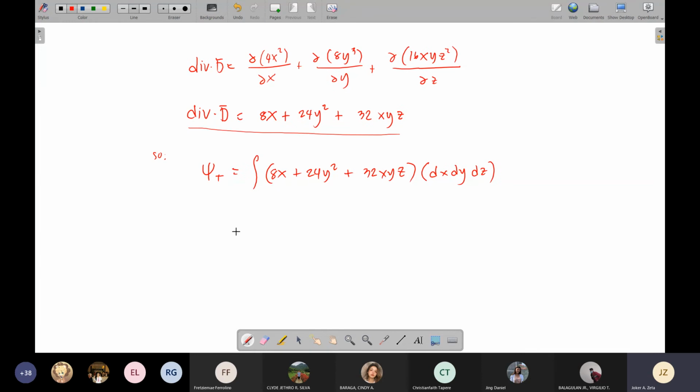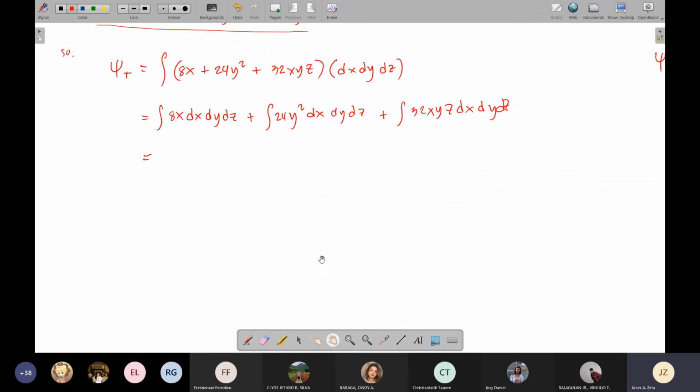So for this one, what we'll do is very obvious. You have to distribute: the integral of 8x dx dy dz, plus the integral of 24y squared dx dy dz, plus the integral of 32xyz dx dy dz. So this becomes, we'll take them one by one. Factoring out 8, the integral of x dx is x squared over 2, the integral of dy is y, and the integral of dz is z.